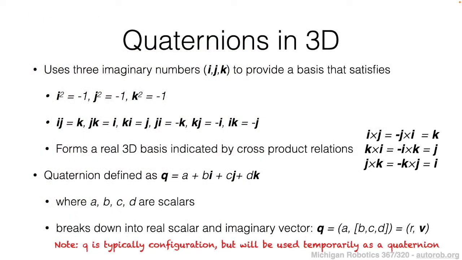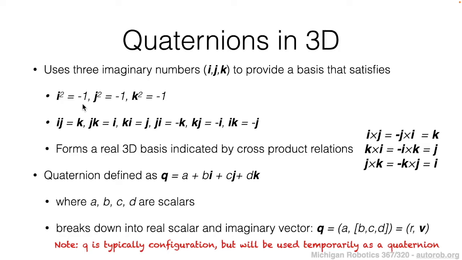But if we look at the details of this representation, for quaternions in 3 dimensions there are going to be 3 separate imaginary components and 1 real component. The imaginary components will be denoted by the terms i, j, and k, that collectively provide a basis with the following properties. Each of these imaginary numbers has the property that it is the square root of -1.